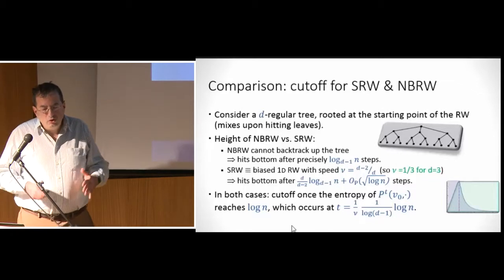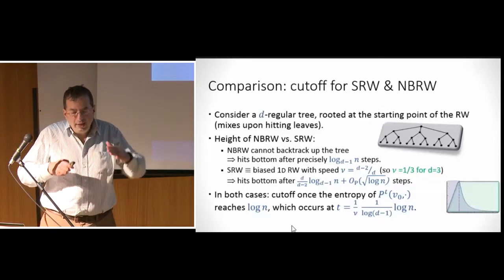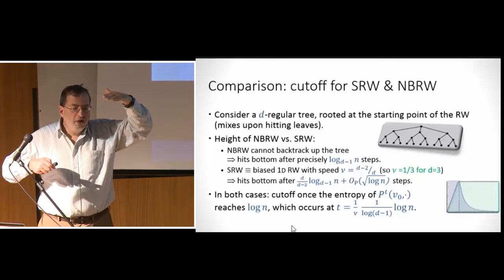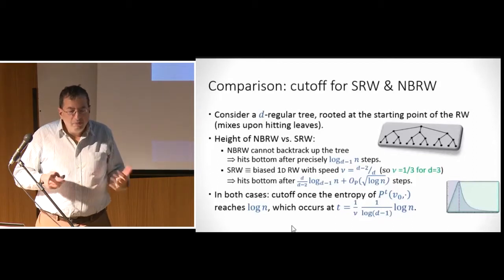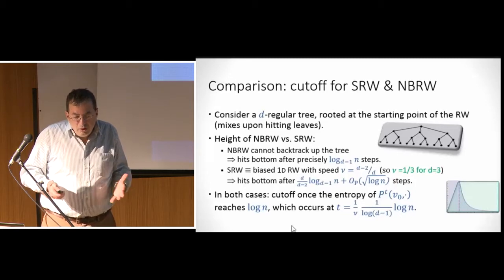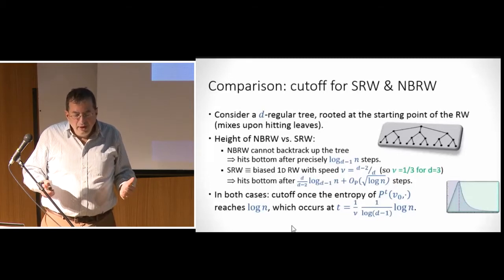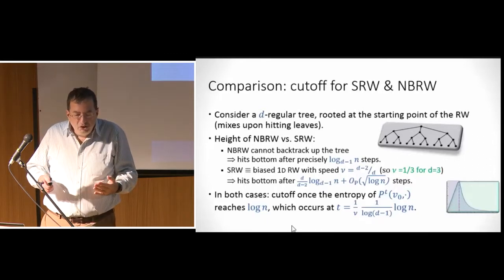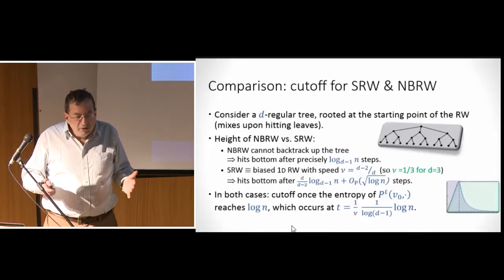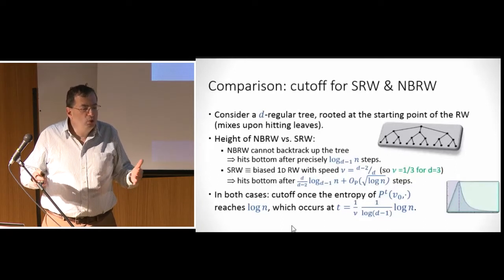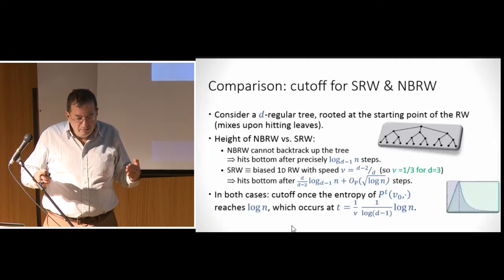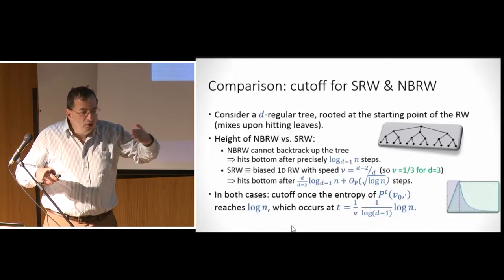Because you can lift the walk to the covering tree, and on a d-regular tree, a non-backtracking walk just moves forward. A simple random walk is still easy to understand, and a simple random walk at time t will be distributed on some random level, but the level will be about d minus 2 over d times the time. And given the level, it will be uniform on the level.